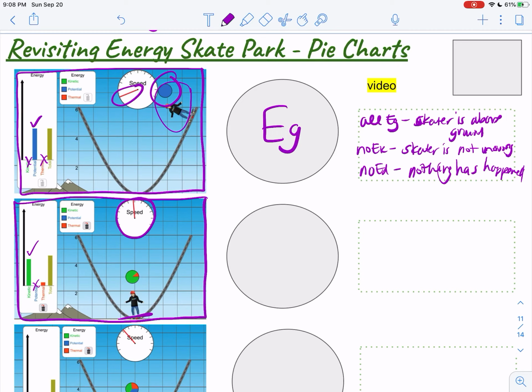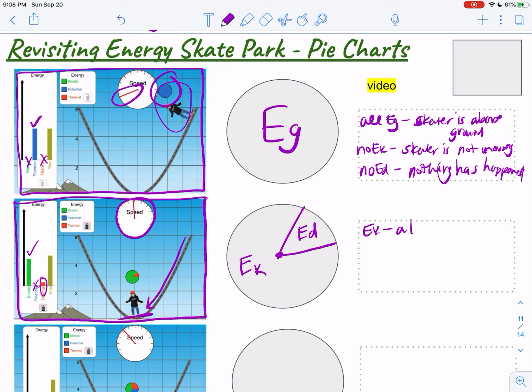The simulation doesn't show it, but this must have had friction. But he's probably just gone down this hill once, so just a tiny little bit of energy has been transferred into the thermal category. Later we'll learn how to quantitatively calculate the exact amounts, but for now we're just looking relatively. Most of the pie is EK because he's very fast, and a little bit is ED.